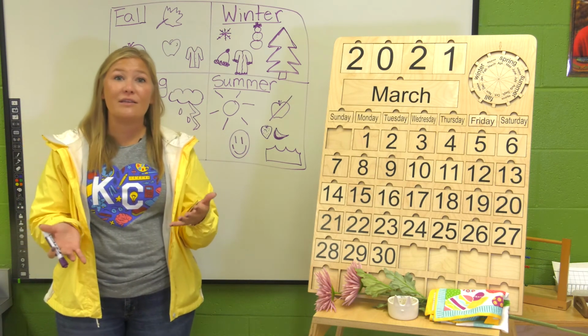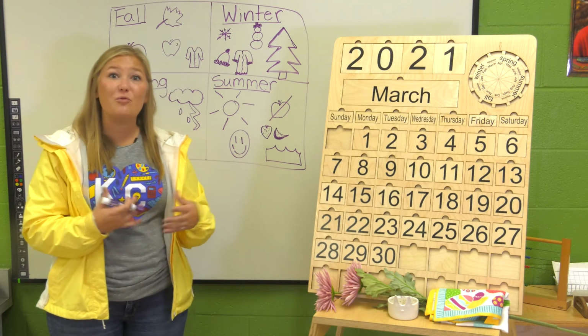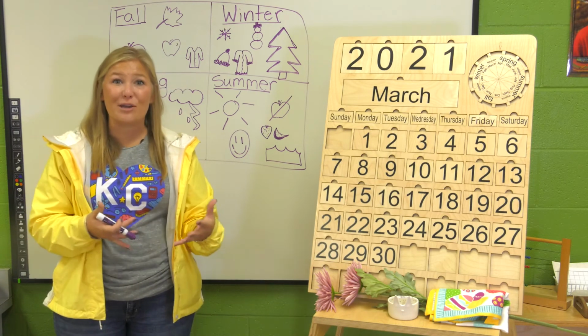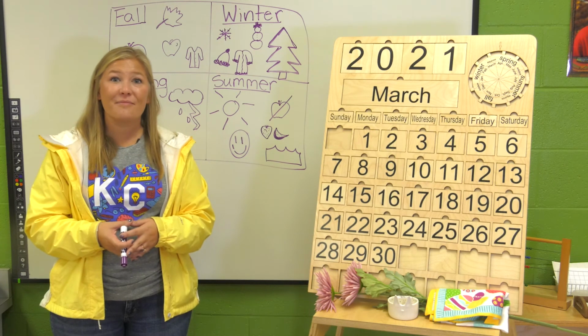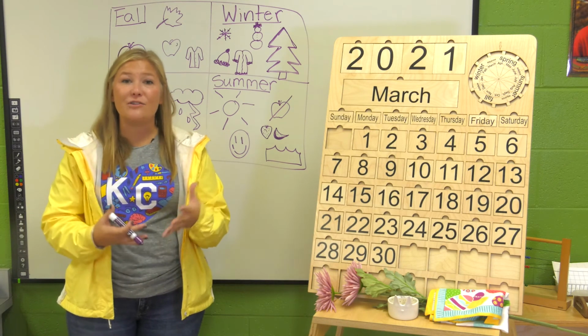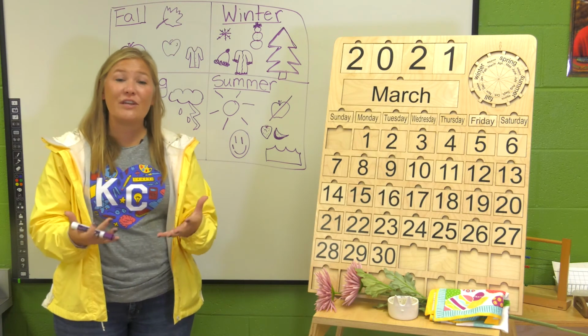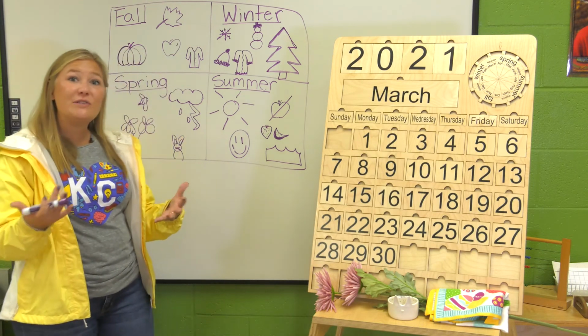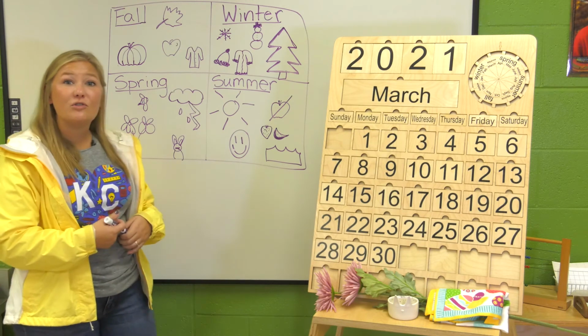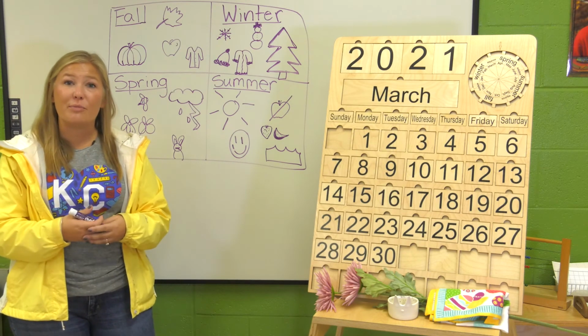Maybe your family likes to dye Easter eggs, and so you want to draw an egg in your picture. What are some other things that you can add to your picture? Once you're finished drawing your picture, can you tell the adult why you chose to draw those things on your spring picture?